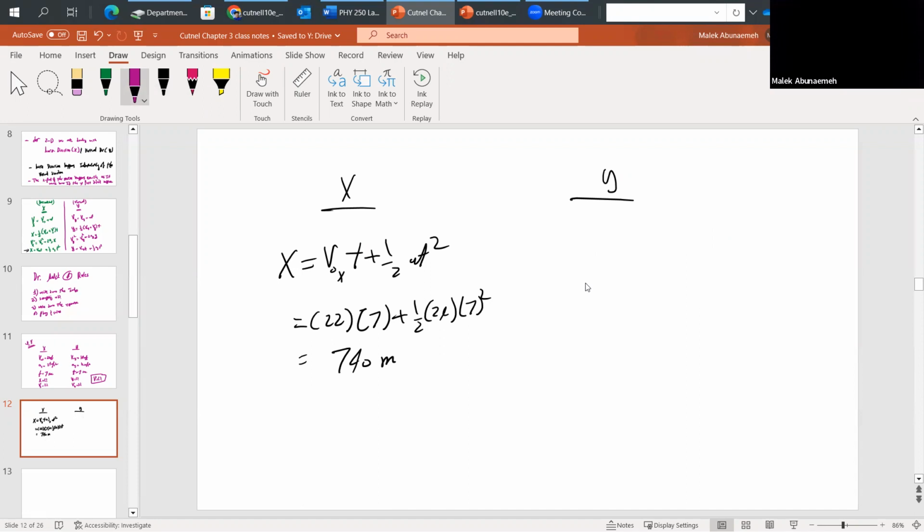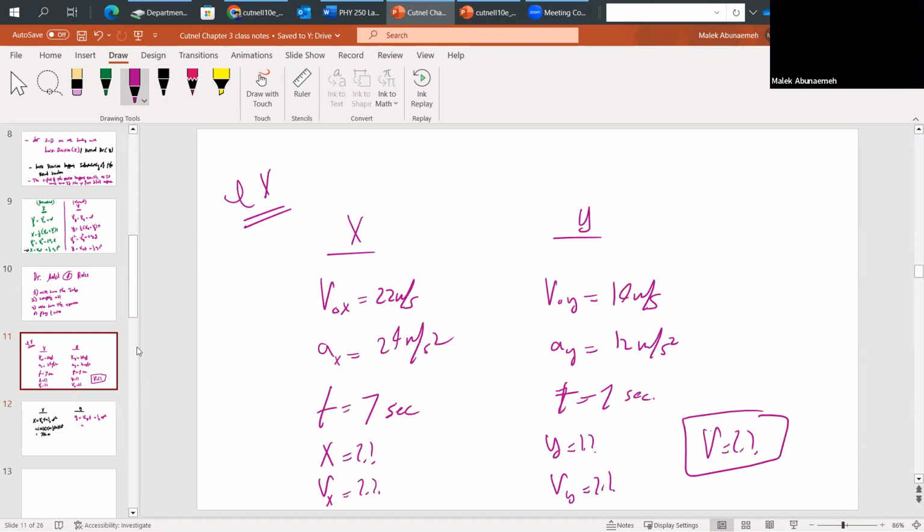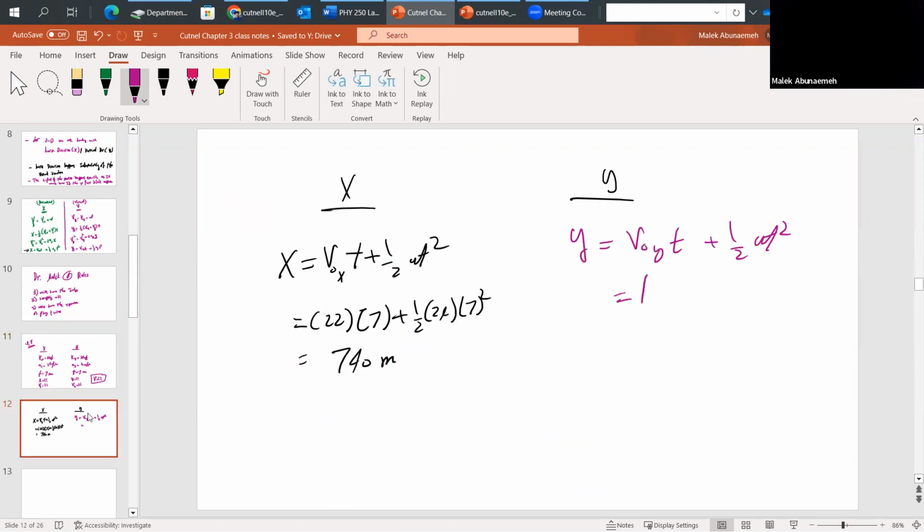Okay, applying the same thing for the y, which is going to be initial velocity in the y times t plus 1/2 a t squared. Not 22, I'm sorry. The velocity for the y is 14. So it'd be 14 times 7 plus 1/2 times 12 times 7 squared. Plug this into my calculator.